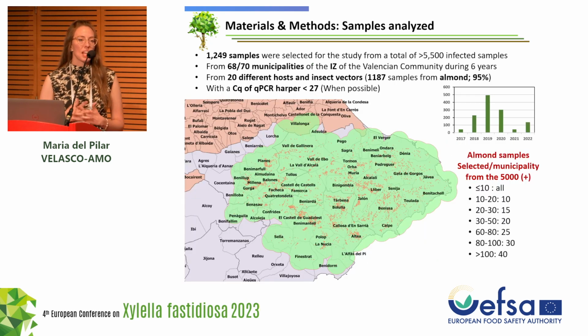So we selected samples from a total of more than 5,000 infected samples from 68 municipalities of the infected zone, from 20 different hosts and insect vectors, and we selected a Cq by Harper qPCR lower than 27, just to be sure that a true negative was a true negative.